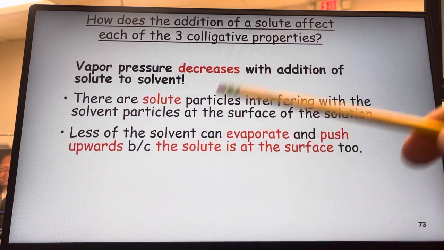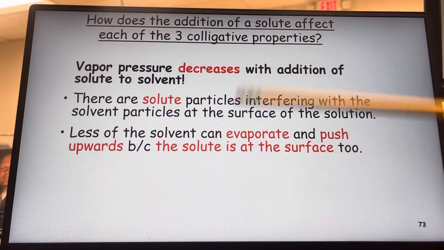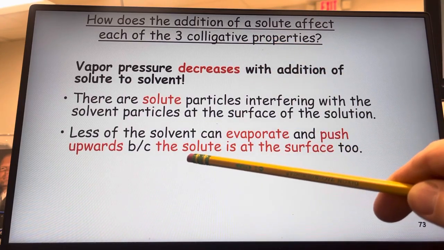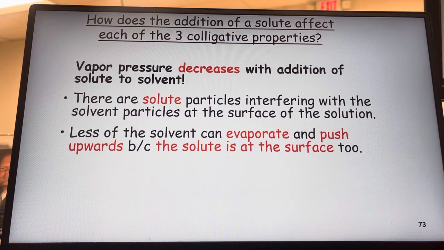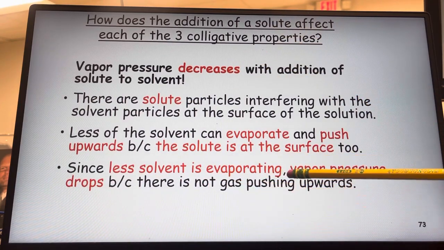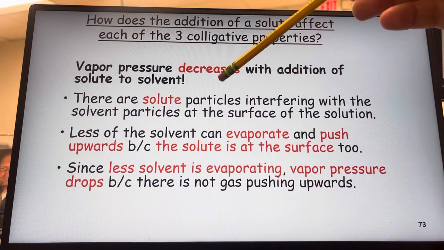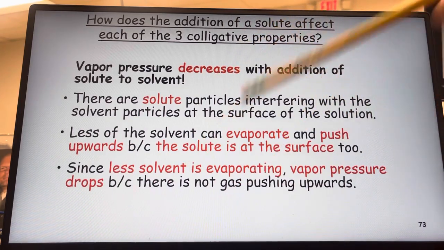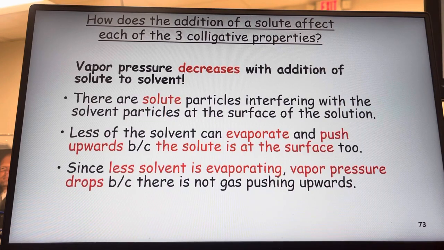Less of the solvent can evaporate and push up because the solute is at the surface too. Since less solvent is evaporating, the vapor pressure goes down. It decreases because there's not gas pushing up. Pretty much makes sense.